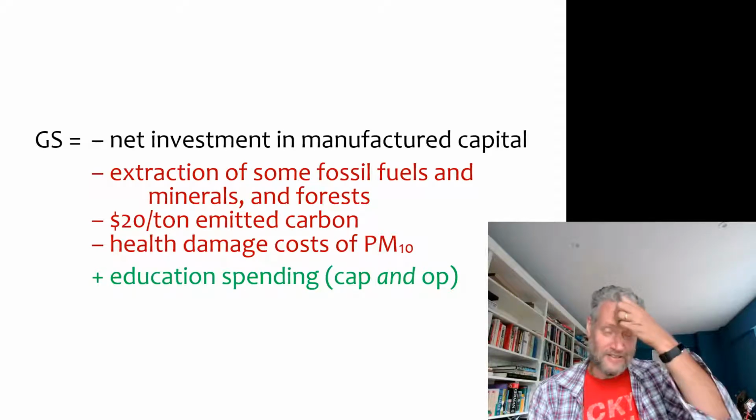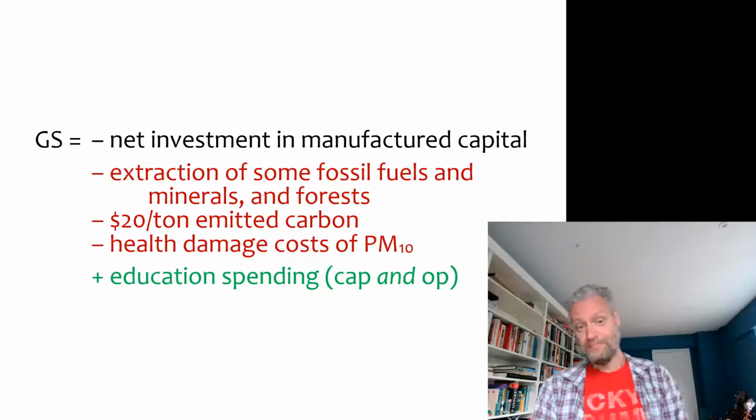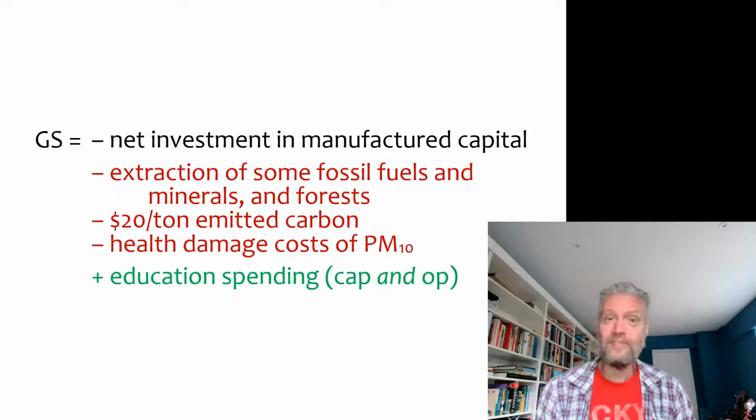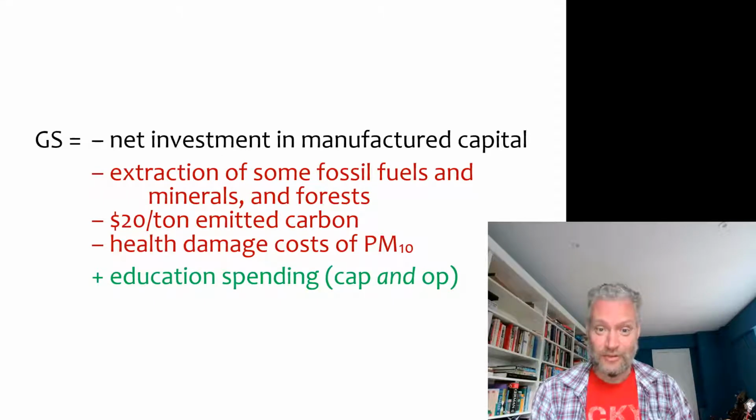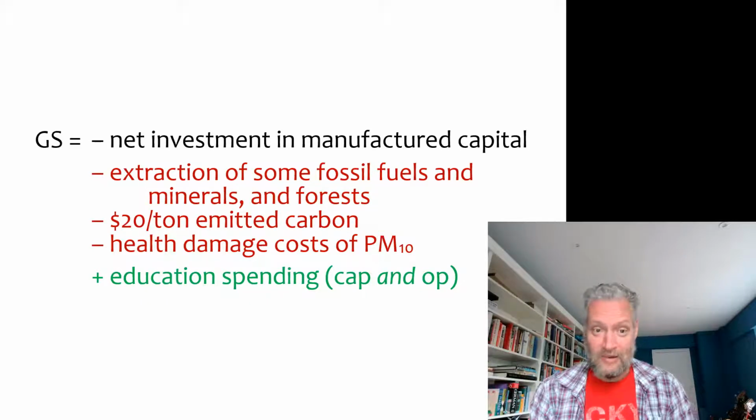We have decent records on that for most countries, minus the extraction of a selection of fossil fuels and minerals, and cutting down of forests. Metals or metal ores, for instance, are not in there.